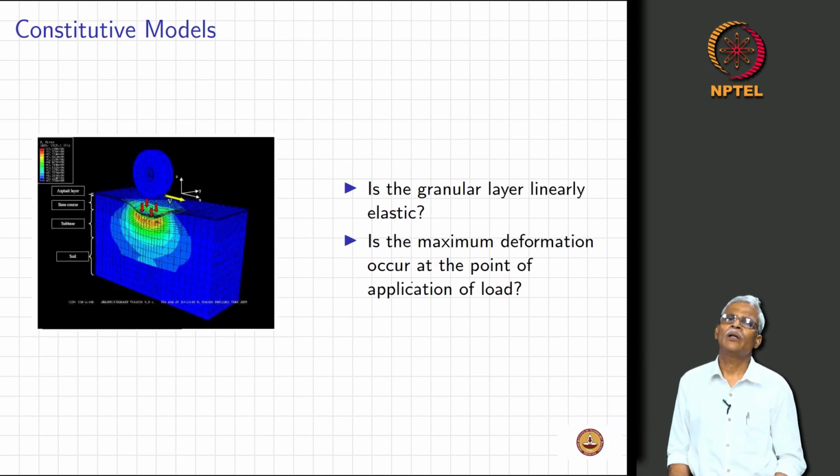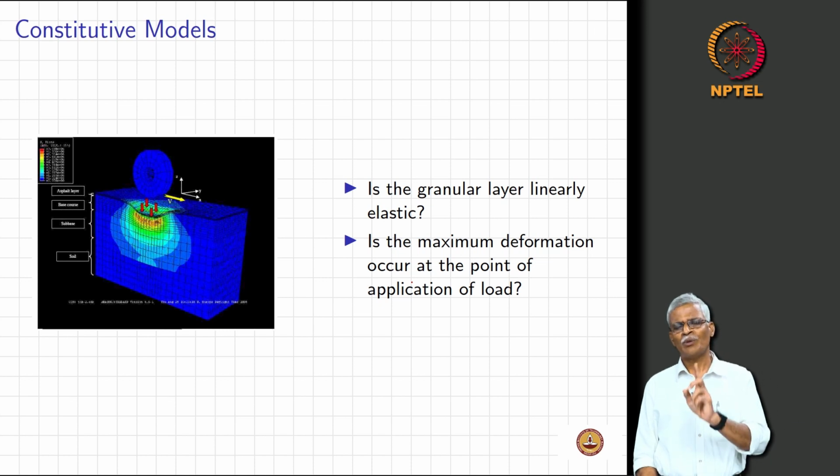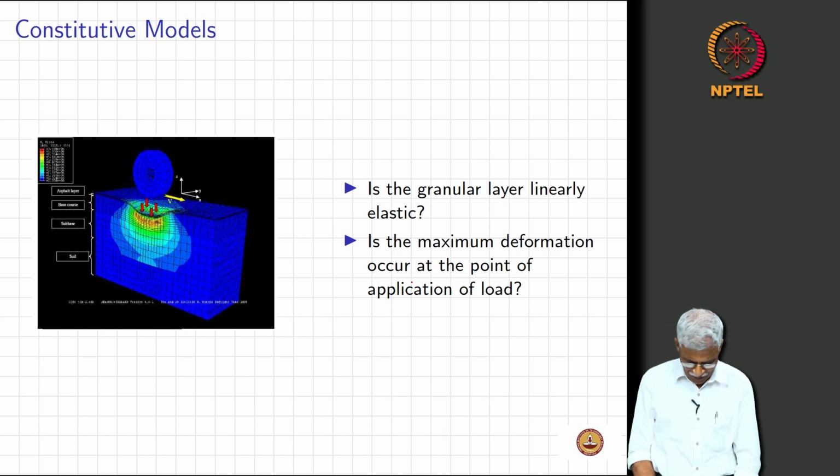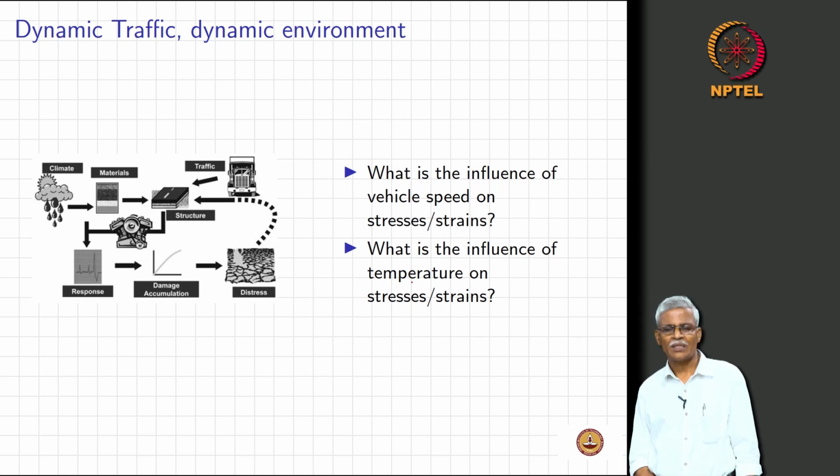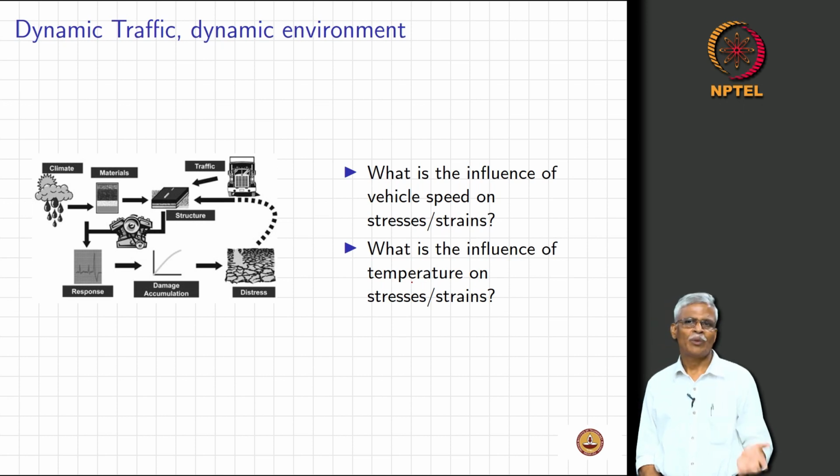Okay. The granular layer is also not going to be elastic, it is confinement pressure dependent, and the point of application of the maximum deformation also has a slight offset here. And what exactly is the influence of vehicle speed on stresses and strains? It is going to play a critical role.